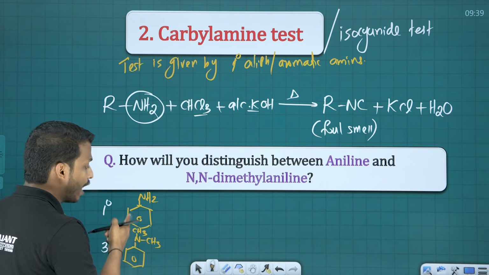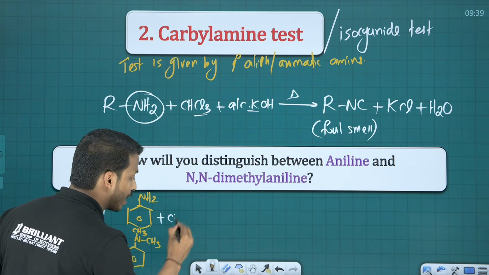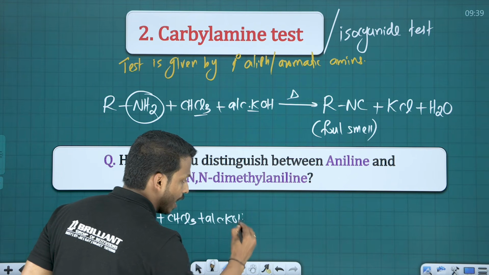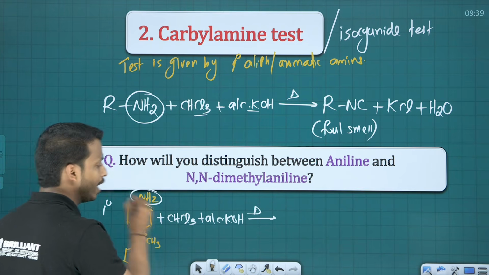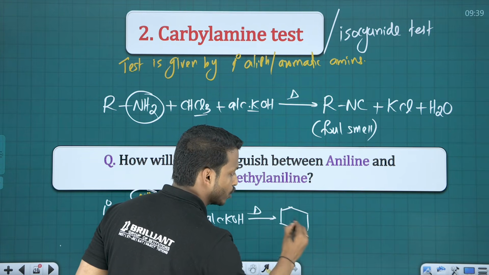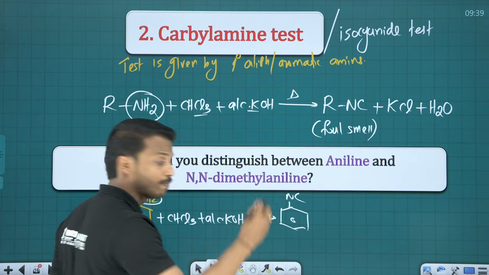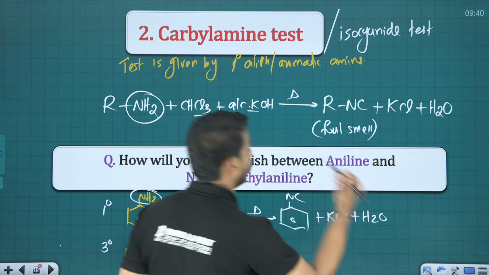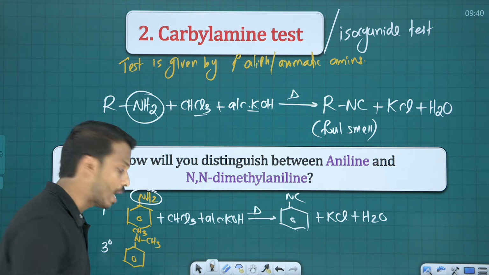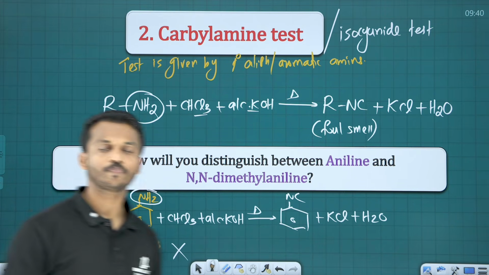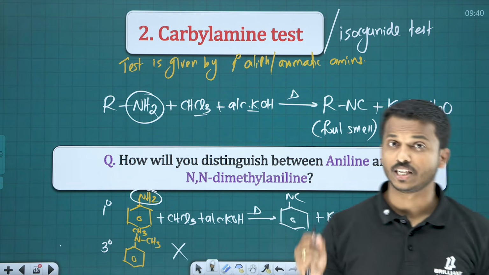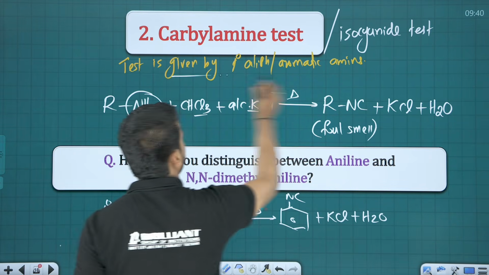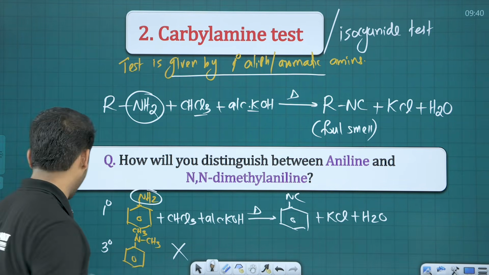Primary aromatic amine when reacted with chloroform and alcoholic KOH and heat, NH2 becomes NC, isocyanide with a foul smell, along with the byproducts KCl and H2O. Ready all? Whereas tertiary amine, no reaction. So the carbylamine test is also called the isocyanide test. This test is given by only primary aliphatic and aromatic amine.